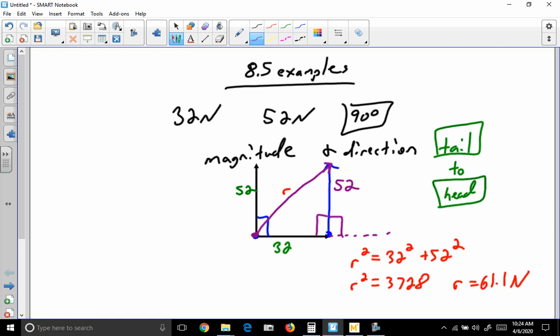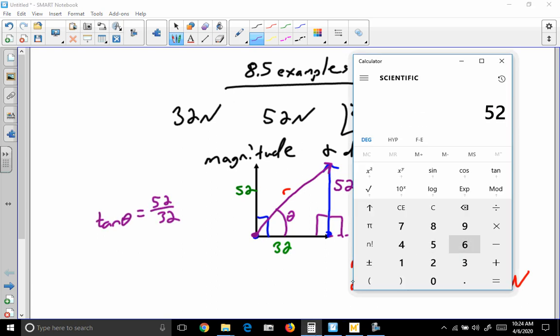Now to get the direction that the resultant makes with the smaller force, this is the smaller force, this is the resultant. So we're looking for that angle. We know the side opposite of that angle and the side adjacent. So tangent theta is 52 over 32.